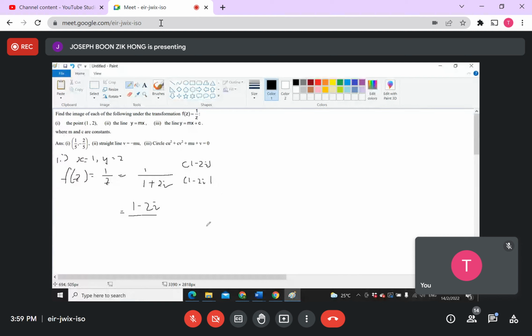So that means 1 over 5 minus i times 2 over 5. In other words, your x will be 1 over 5 and y will be negative 2 over 5. So it is one point in the z plane. This one is an image.